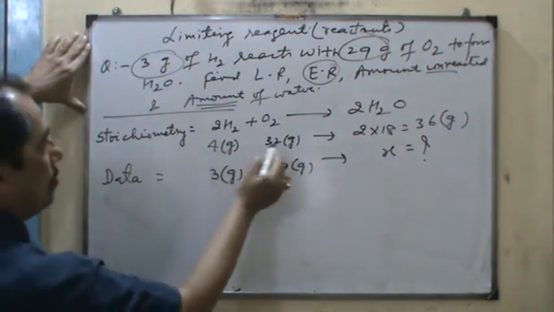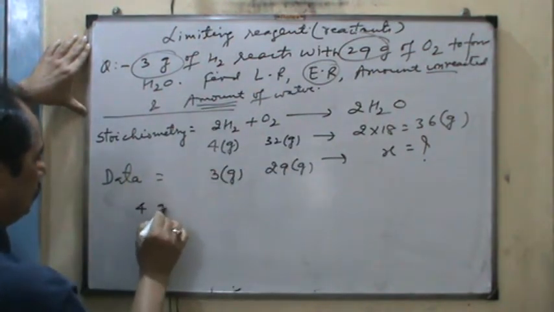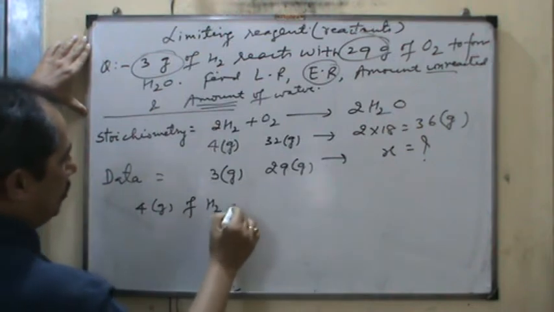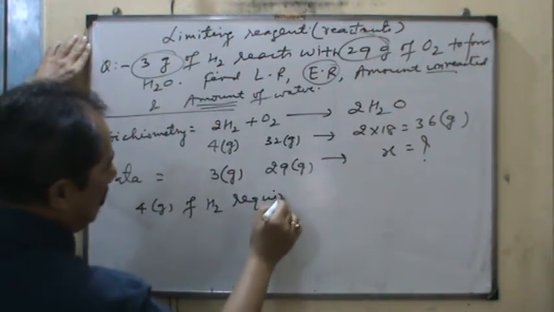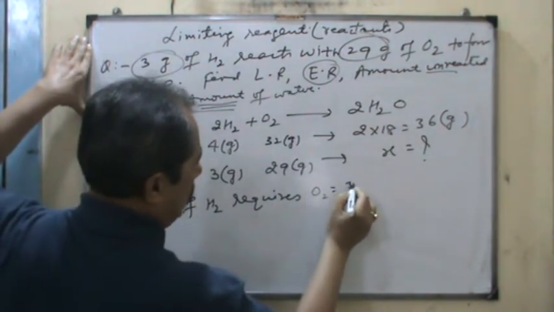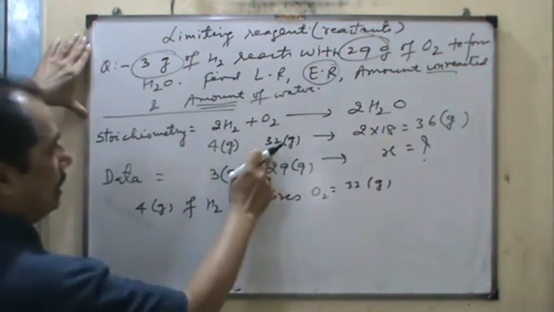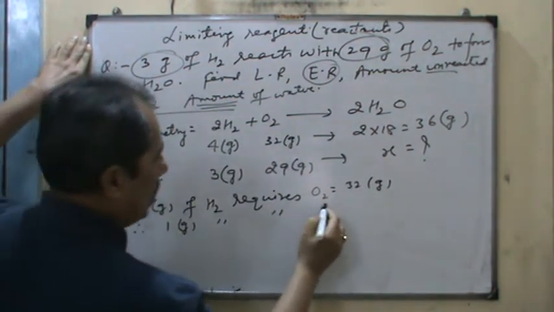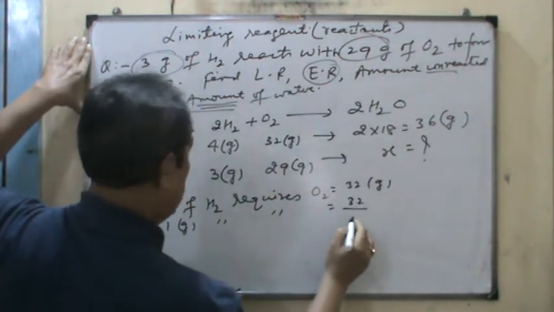So 4 gram of hydrogen, apply the unitary method. 4 gram of hydrogen requires how much oxygen? 32 gram. Therefore, 1 gram of hydrogen requires 32 upon 4.